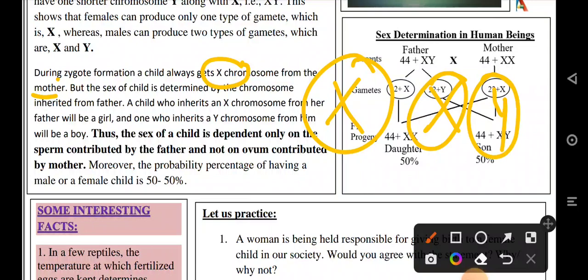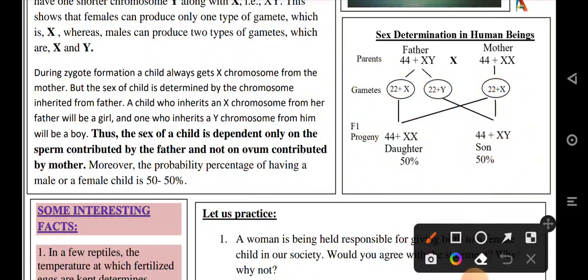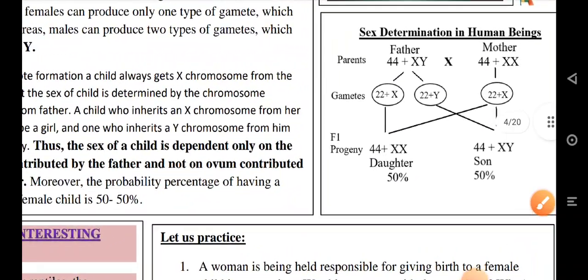So a child always gets an X chromosome from the female, whereas the child gets either an X or a Y chromosome from the male. So a child who inherits an X chromosome from her father will be a girl.